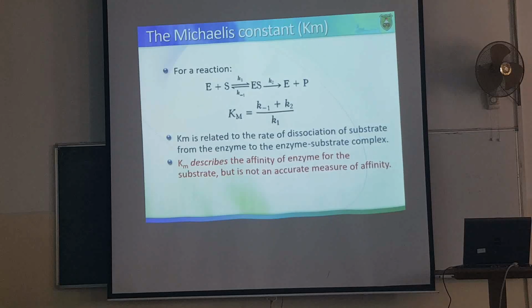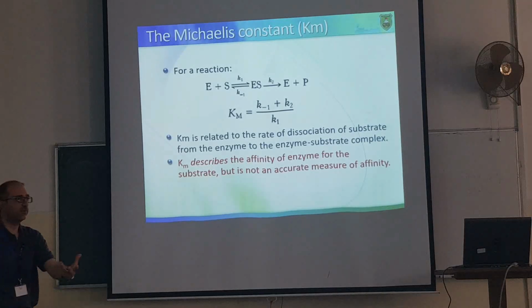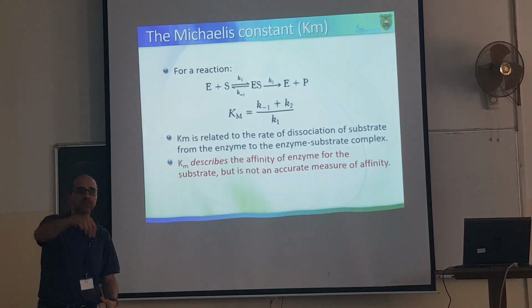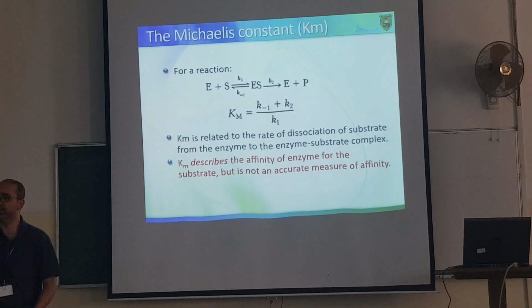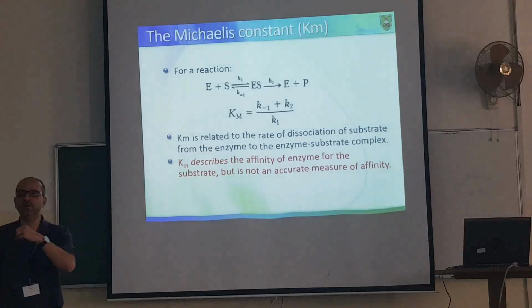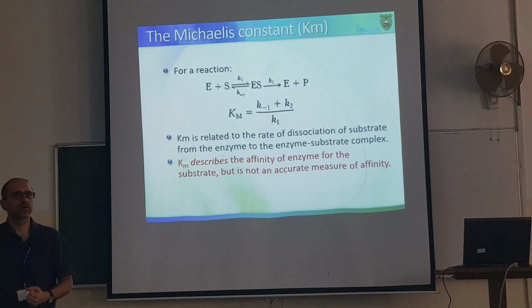K2 is an indication, a measure of what? Yes, the kinetic power or ability of the enzyme. The ability of an enzyme to convert a substrate once bound to the enzyme to a product. إذا بدي أحسب ال affinity, what do I have to take into consideration?